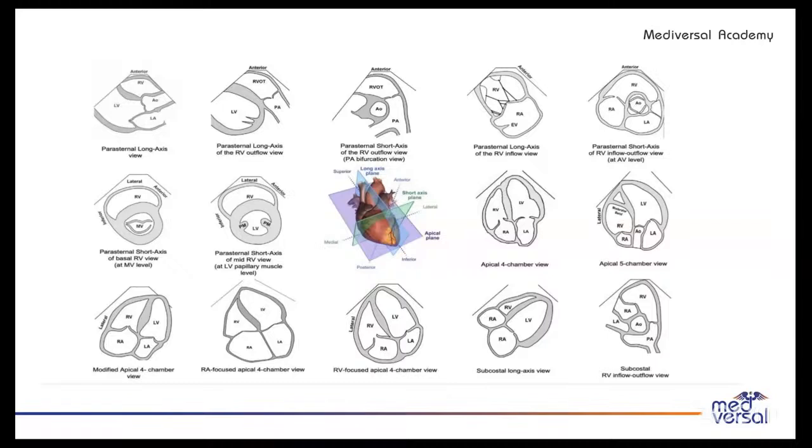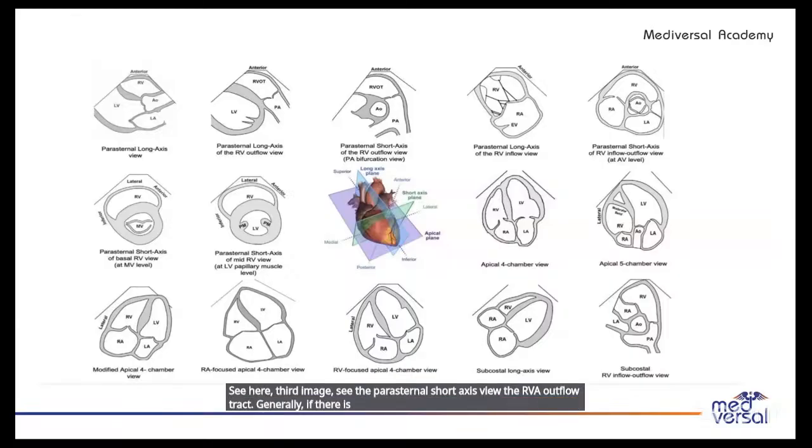See here, third image. See the parasternal short axis with the RV outflow tract. If there is a pulmonary embolism, sometimes you even encounter clots in the pulmonary artery. You can see the pulmonary artery in parasternal short axis view at the level of the RV outflow tract.